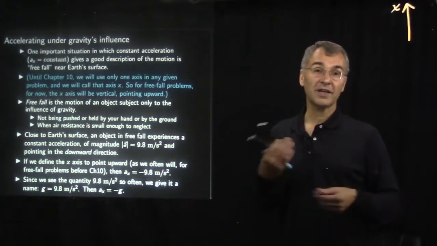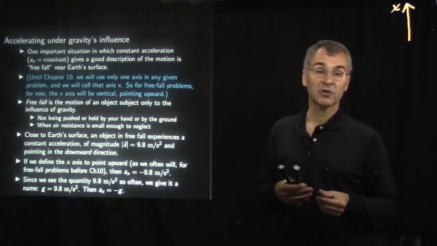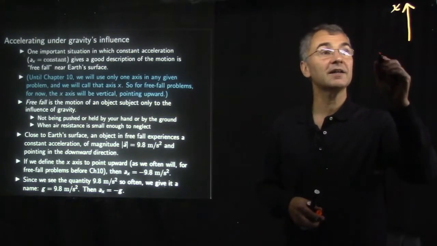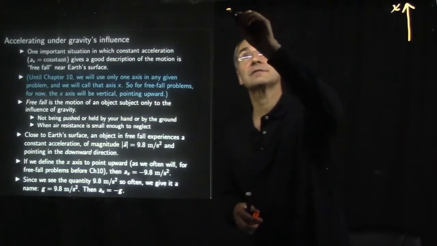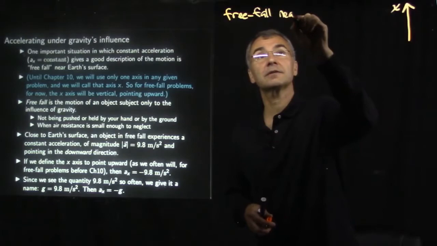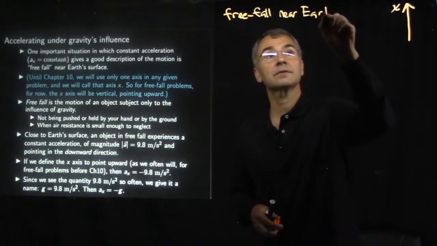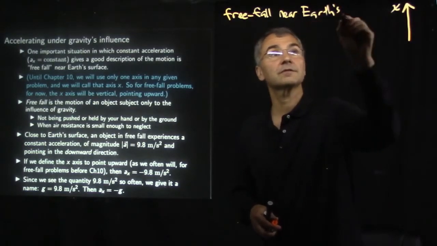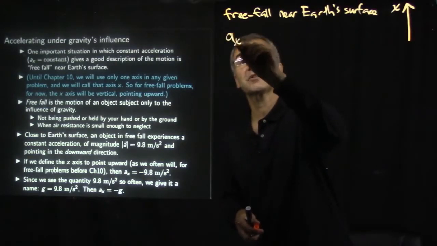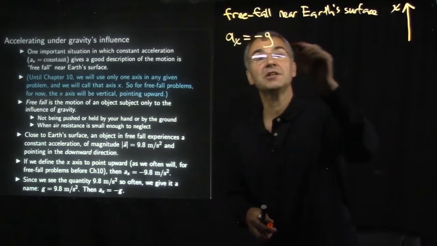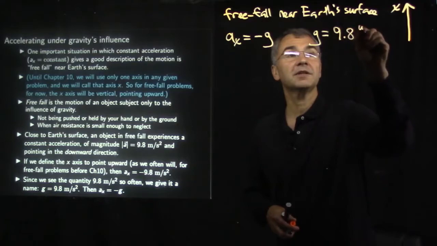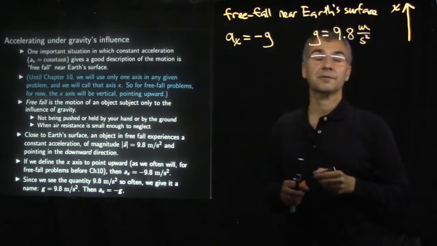Now, to avoid saying 9.8 meters per second squared over and over again, we give this a name. So we say this is free fall near Earth's surface. We have a sub x is minus g, where little g is 9.8 meters per second squared.